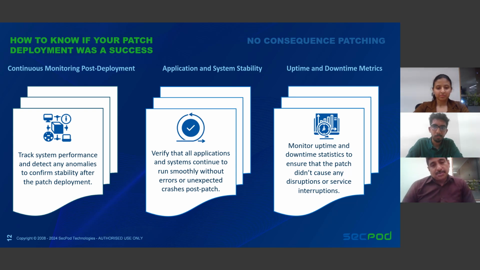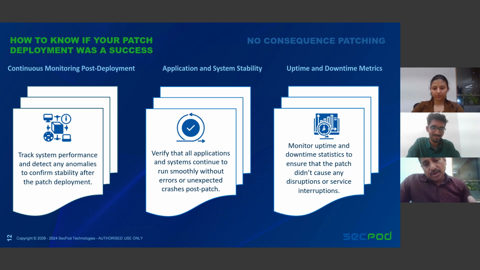and it should not create any frustrations for the users. Very important. If you look at the last point, uptime and downtime metrics. If our patch causes downtime, it's impacting productivity and costing the company, right? Measuring these metrics gives us a very clear view of the patch's real impact.